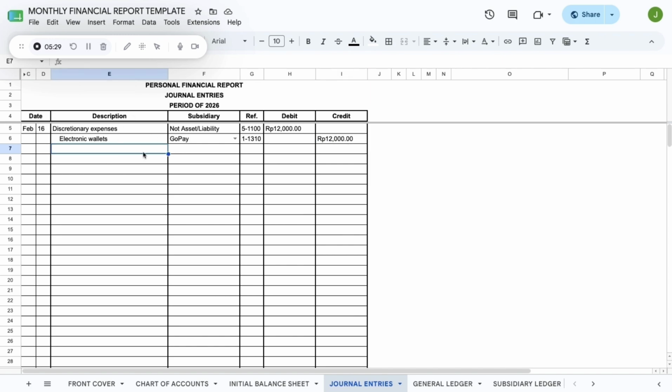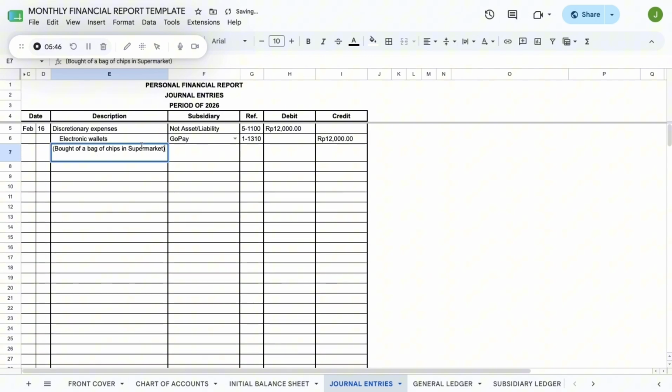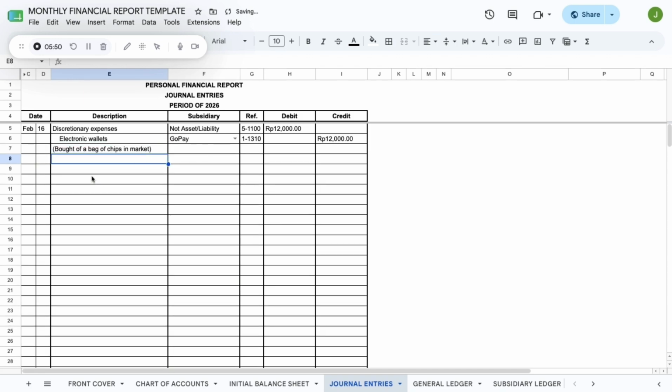Of course, if you just use this, it's not really descriptive, so we need to add a description. Let's just say, bought a bag of chips in a market. There we go. So that is one transaction recorded.